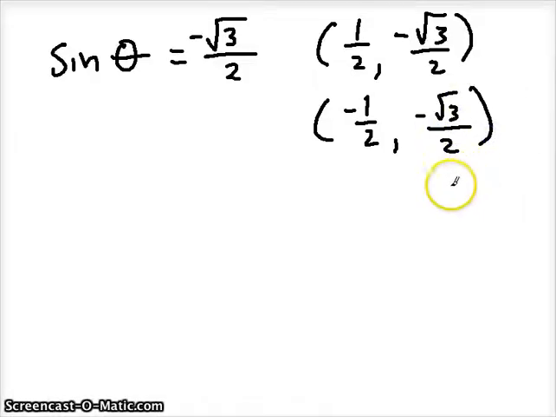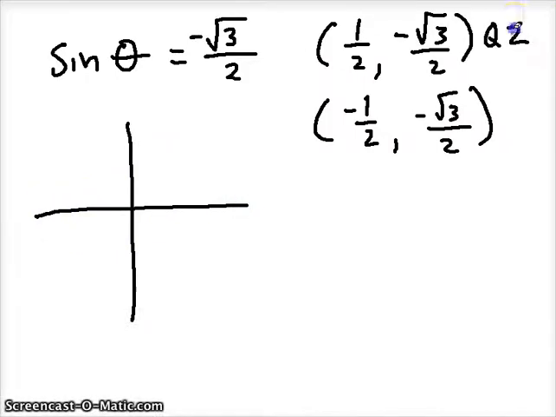There's another possible coordinate. So we got two options. Positive x and a negative y value. So positive x is here, negative y, that would be in quadrant 4. We also have an option where it's a negative x value and a negative y value. Negative x, negative y would be in quadrant 3.